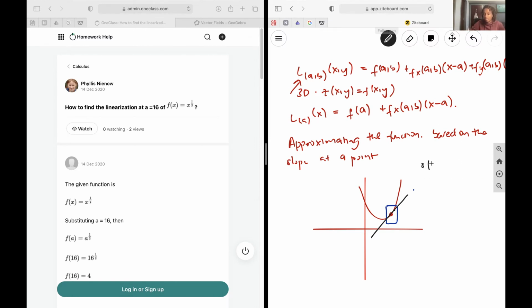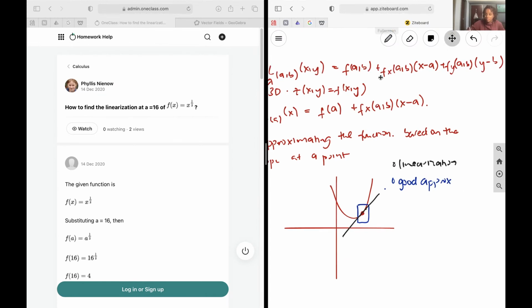Okay, so the black is called the linearization. The region inside the blue is my good approximation region. And the red, of course, is my function.